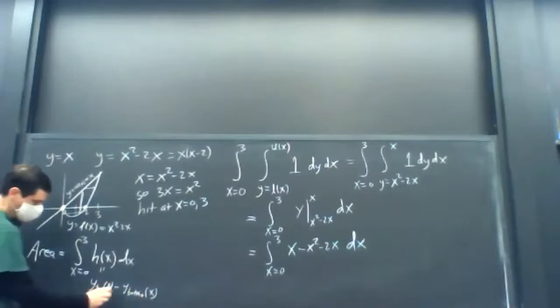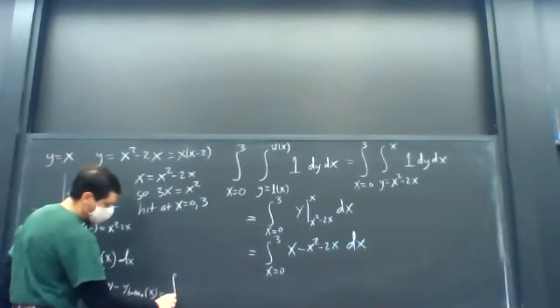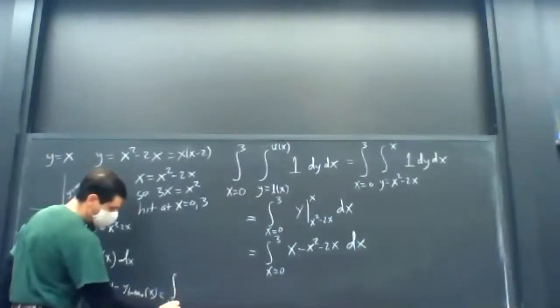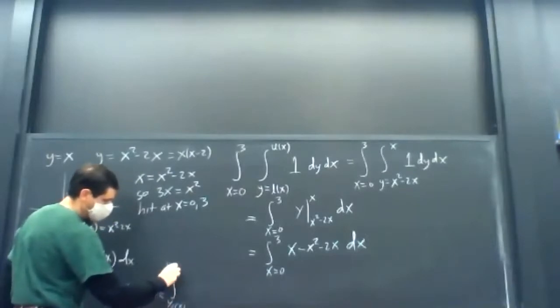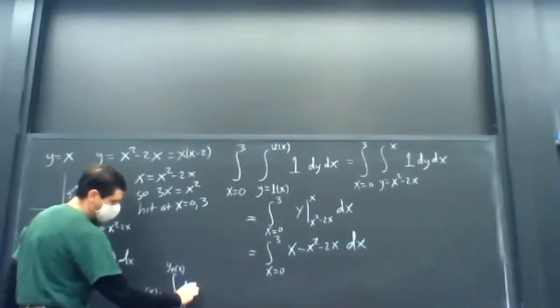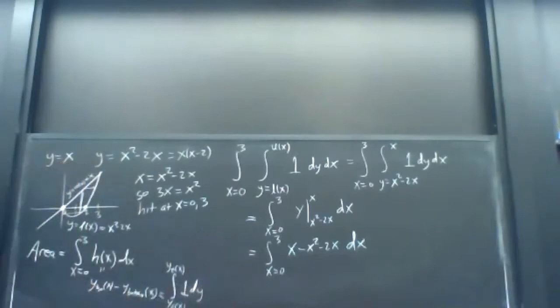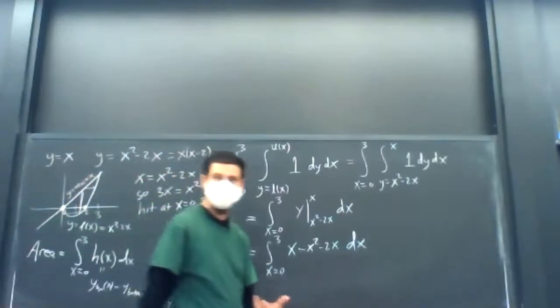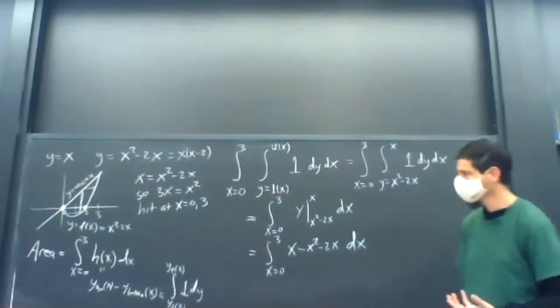And that's the same as the integral from y bottom of x to y top of x of 1 dy. They're all ways of writing the same thing. And so if I want to write an area, I can view the area as a one-dimensional integral, or I can view it as a two-dimensional integral where the integrand is 1.